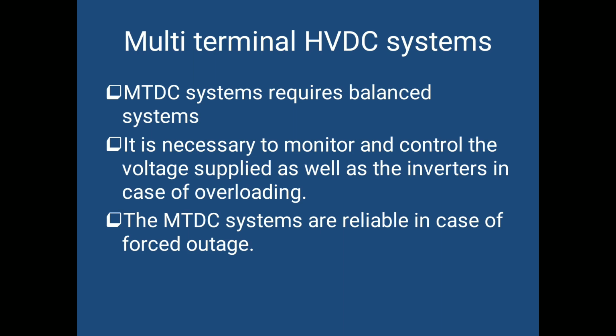In doing so, it is necessary to monitor and control the voltage supplied by the inverters in case of overloading. MTDC systems are reliable in case of forced outage, that is, unexpected power failure from one of the many generation stations; the power supply is relocated through another converter station.